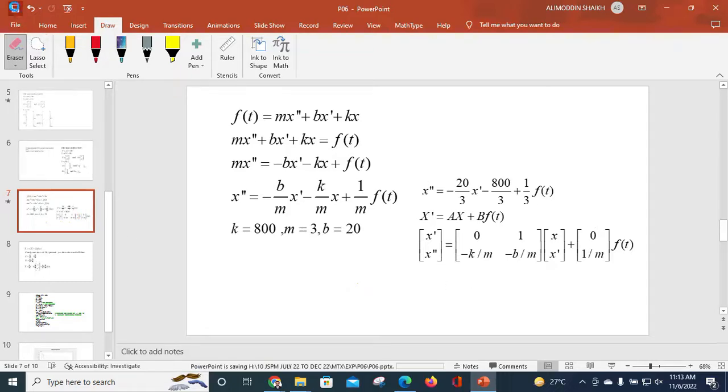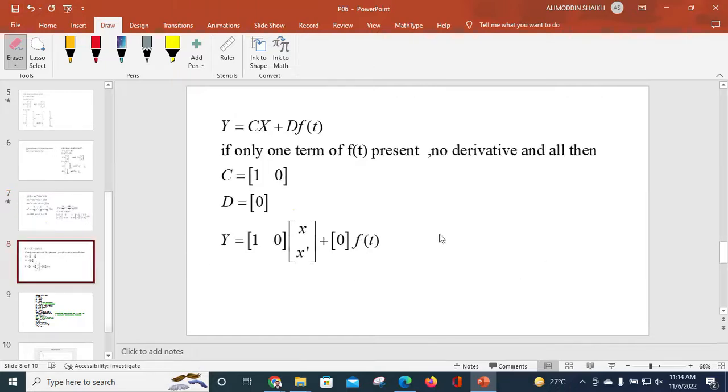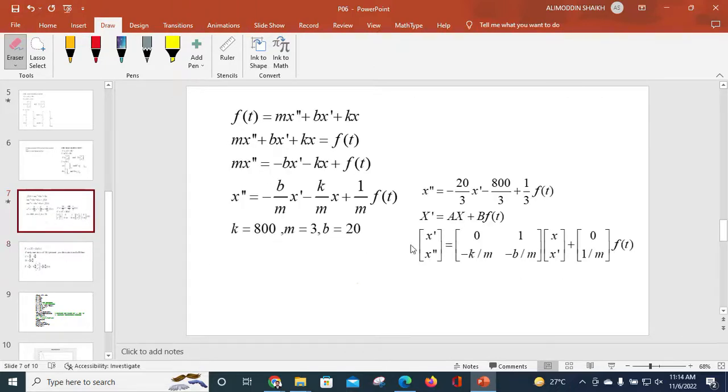Okay, so in this way you have found out A, B, C, D.